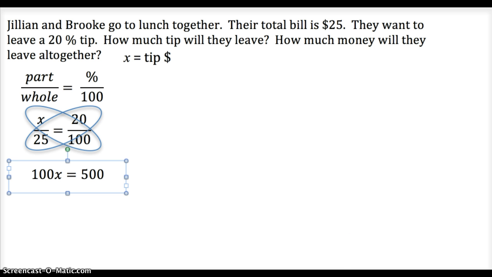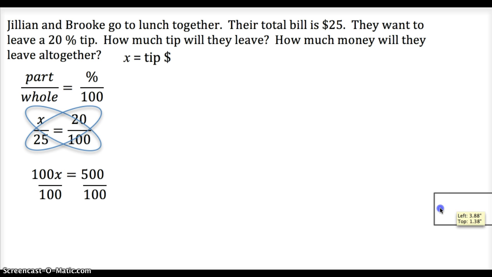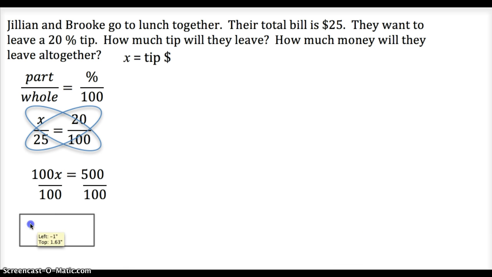To solve for x, you are experts at this by now. You divide both sides by 100. And you don't even need a calculator to do this math, because 500 divided by 100 is 5. So x equals 5. But we can't forget we're dealing with money, so x really is equal to $5.